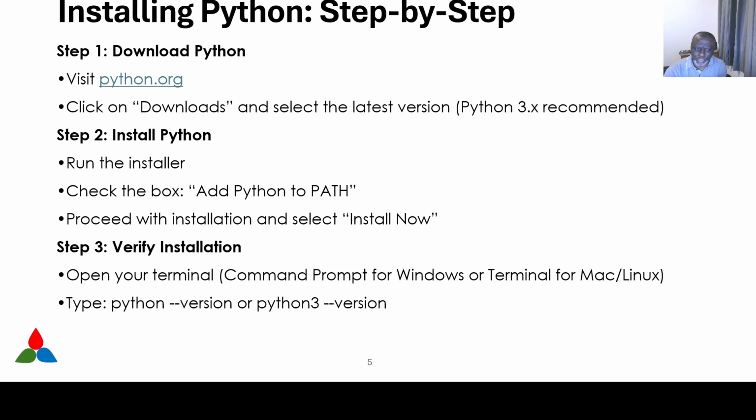Download this and run the installation. As we are running it, you see a checkbox at the left-hand side of the screen with the inscription, add Python to PATH. Just click yes so that it helps you set it up automatically. Then proceed with the installation by clicking install now. That gets Python onto your computer.